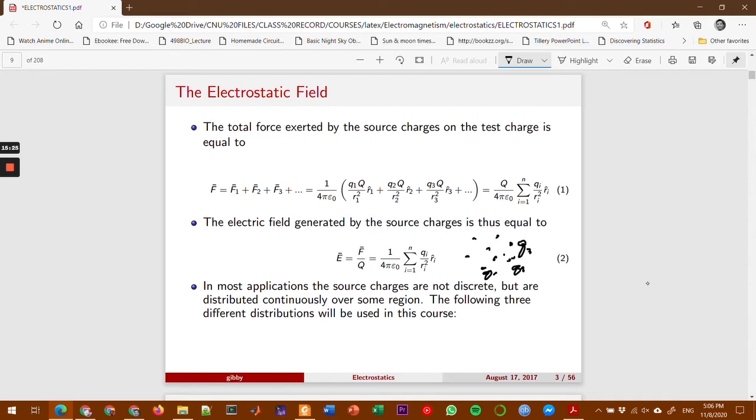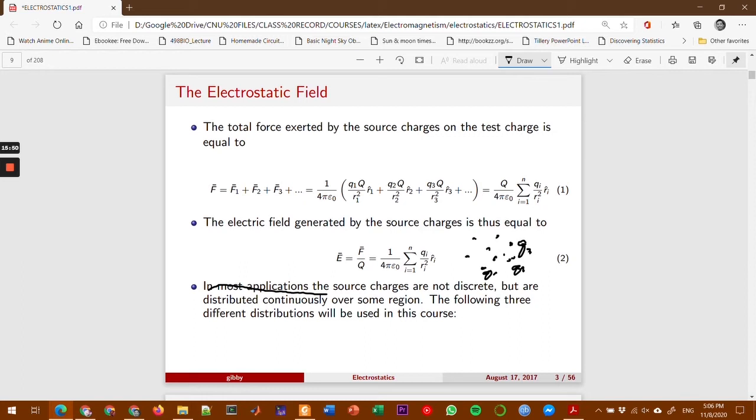Right? But in most applications, the source charges are not discrete, but are distributed continuously over some region. Okay? The following 3 distributions will be used in this course. So, instead na discrete na siya, in reality, wala, di ba kakita og let's say, system nga na 4 ka electron nagtapok, right?